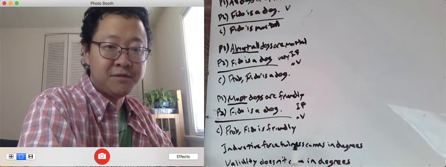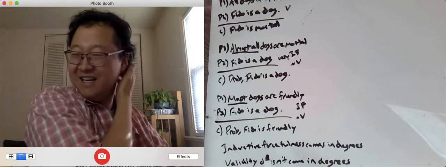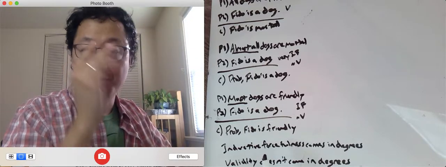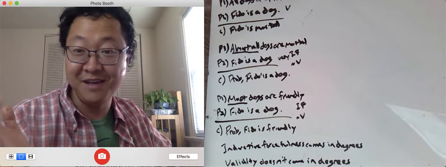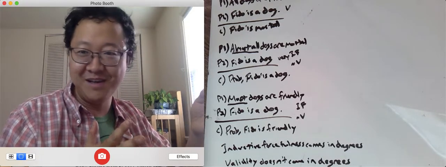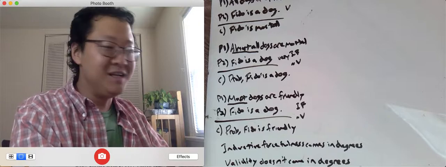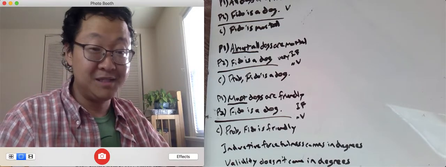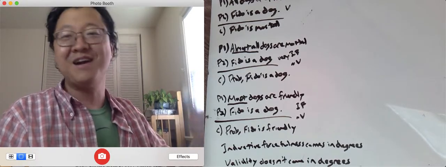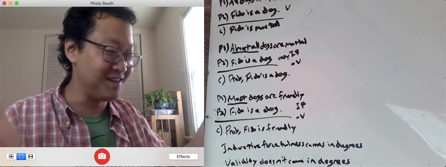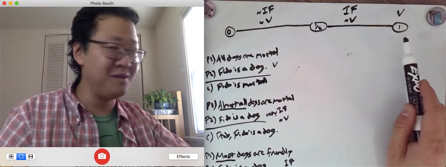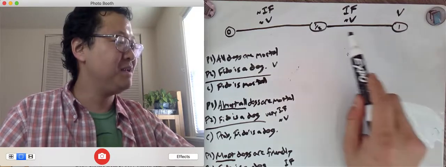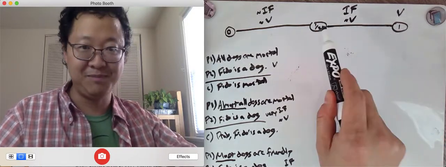So inductive forcefulness is like height or mass. Something can be very tall or very short or very heavy or very light. Whereas validity doesn't come in degrees. That's like citizenship. So you can't be very much a citizen. You're either a citizen or you're not, right? It's all or nothing. So validity doesn't come in degrees. So either it's probability 1 or it's not, right? But inductive forcefulness, it's on this little spectrum here.